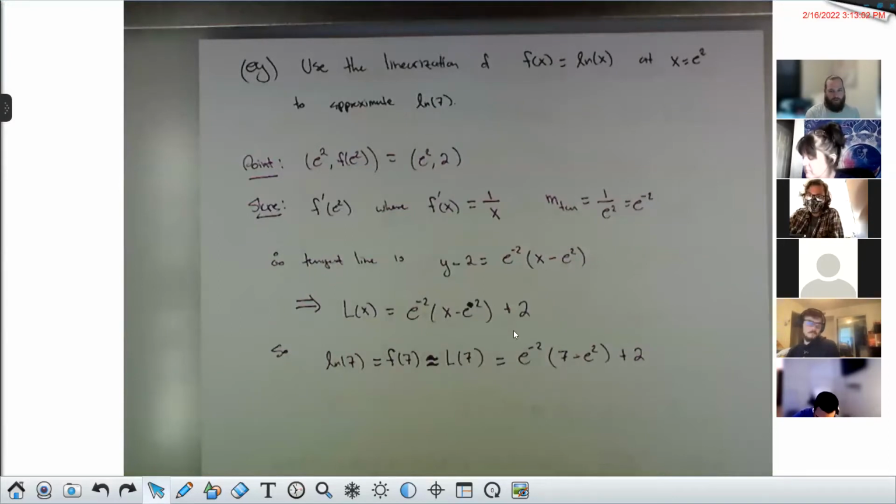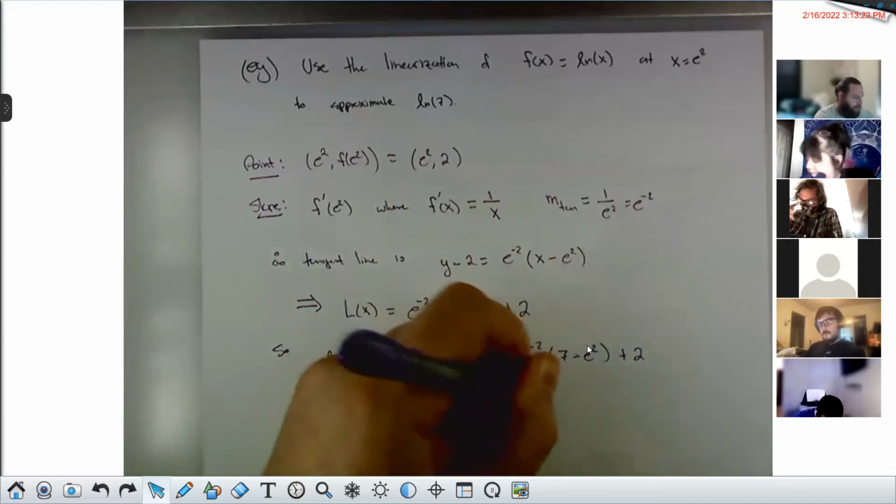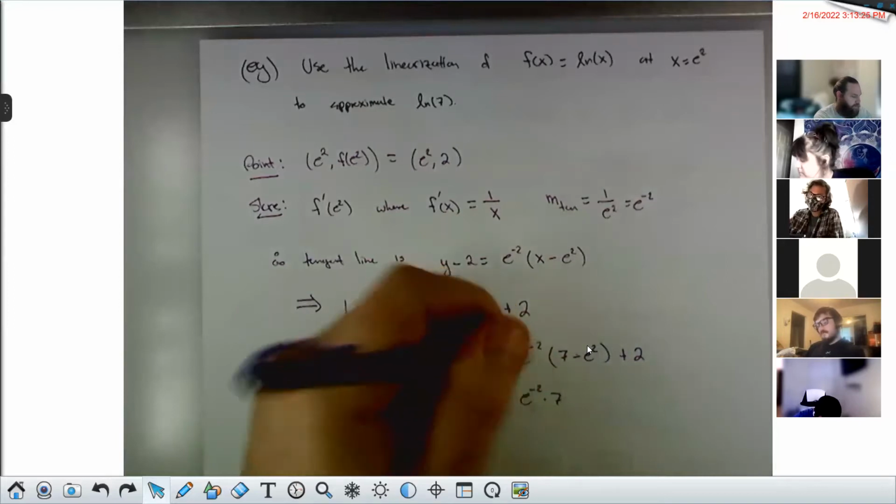And this isn't going to be as easy to come up with a nice clean decimal by hand because the powers of e don't go away entirely. When we distribute this power of e here, which would not be an unreasonable thing to do because subtracting this is not going to be pretty, we will get e to the negative 2 times 7 minus 1, right?